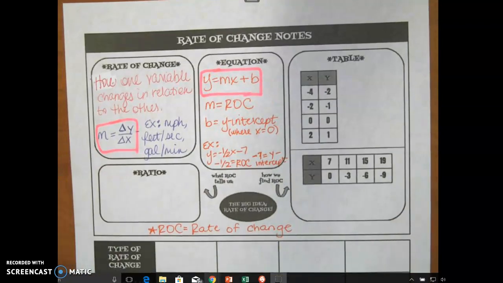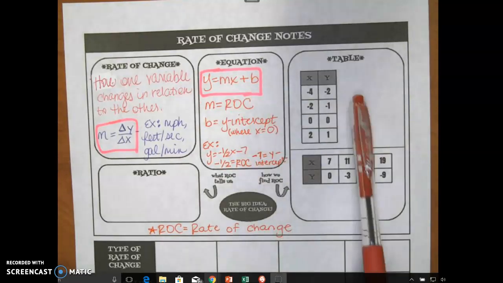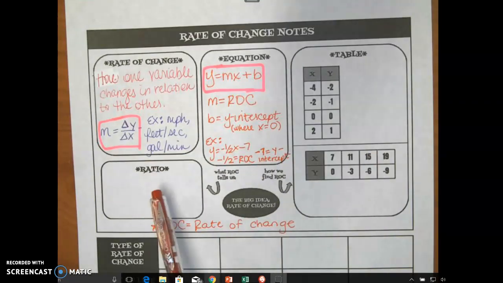All right, the table. So there are 5 different forms. There's an equation, there's a table, there's an actual ratio, then there's a pictorial version, and then there's a graph.